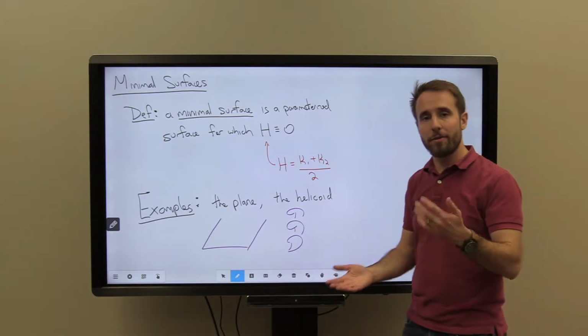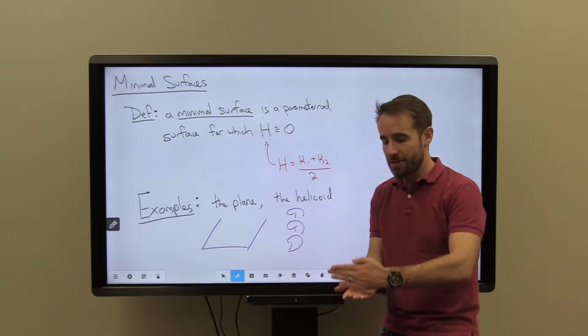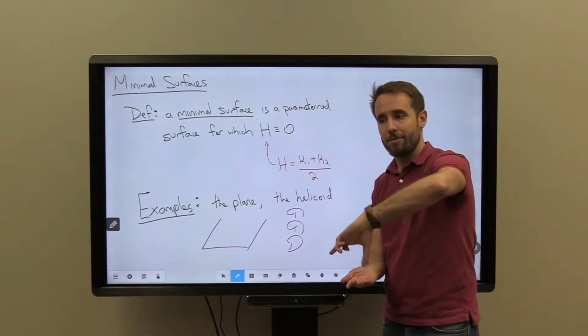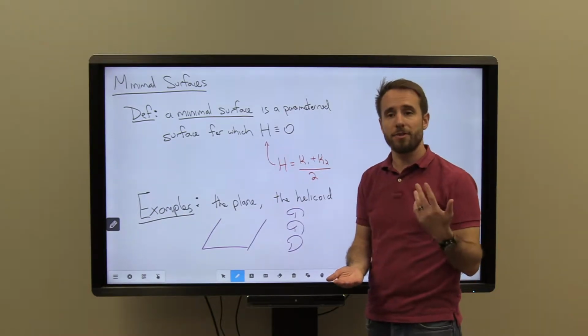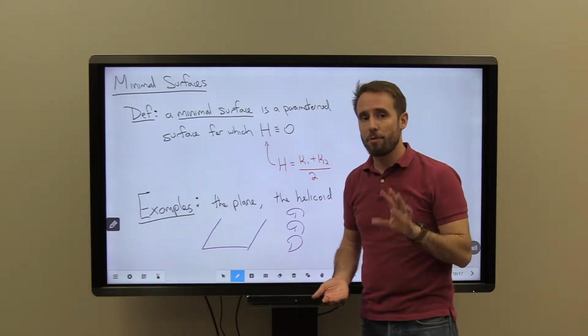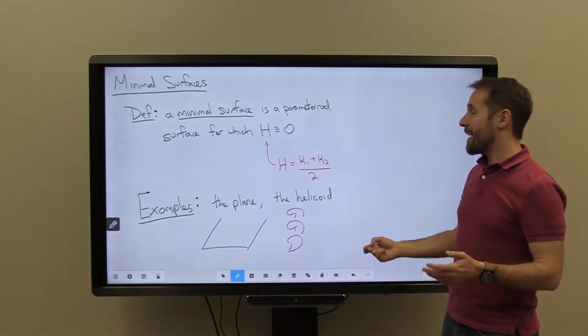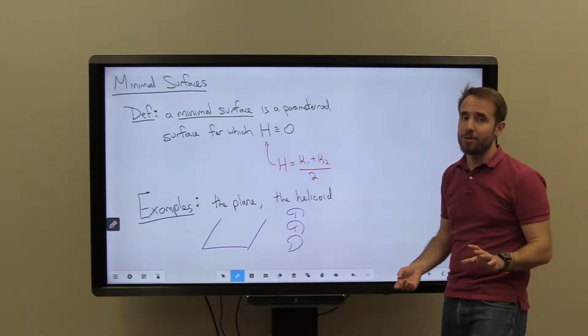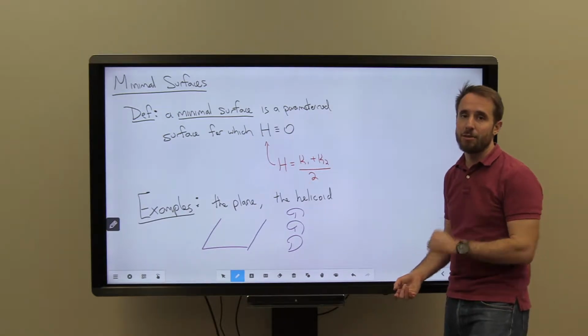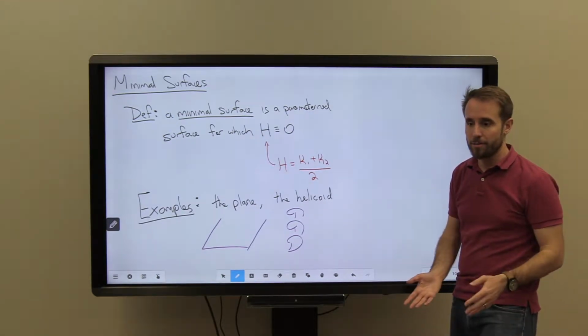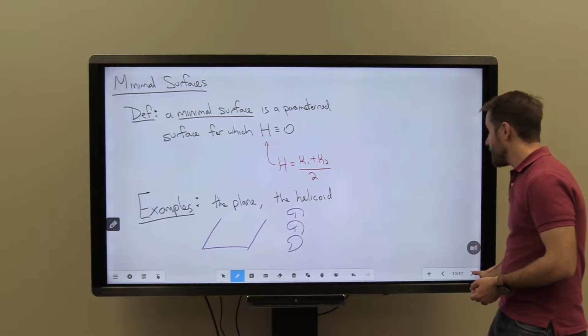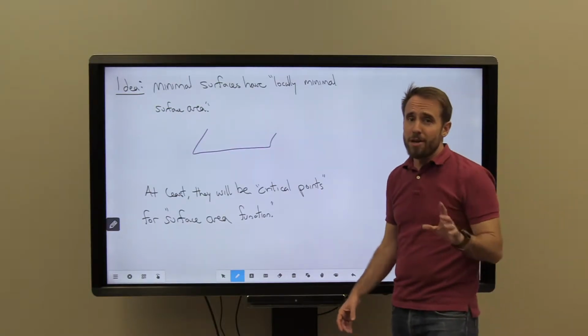And so our helicoid, that was our surface that spiraled up like a helix, so it was like the surface version of a helix, is defined in such a way that kappa 1 and kappa 2 perfectly cancel each other out, and the mean curvature turns out to be 0. So that's our definition of a minimal surface.